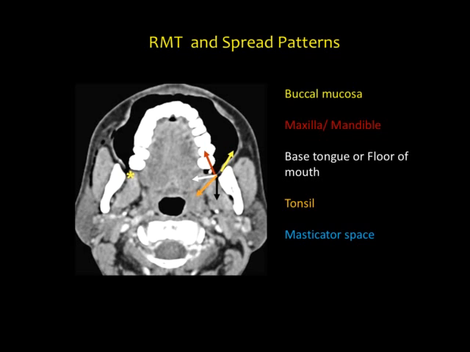In the infrahyoid neck, you use the prevertebral space, because there the retropharyngeal space is merging into the prevertebral space, and that is the prevertebral space proper. So the retropharyngeal space terminology ends at the level of the cricoid region. Anything superior to that is the retropharyngeal space, below that is the prevertebral space.